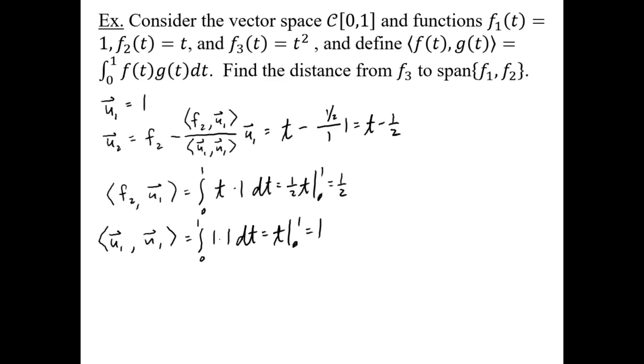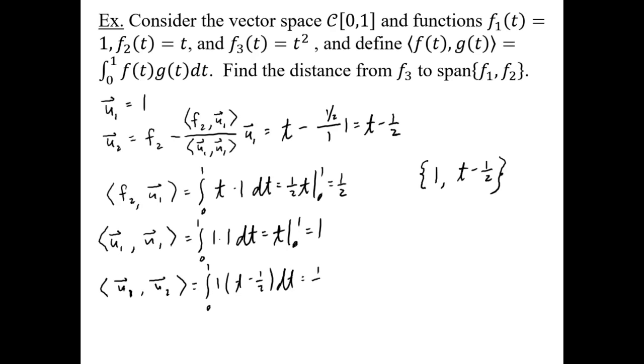So these two vectors form my orthogonal basis. Now, purely out of curiosity, I want to see that they really are orthogonal, so let's verify really quick. The inner product of u1 and u2 is the integral from 0 to 1 of 1 times t minus 1 half.